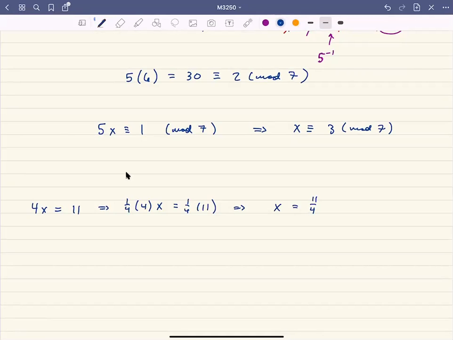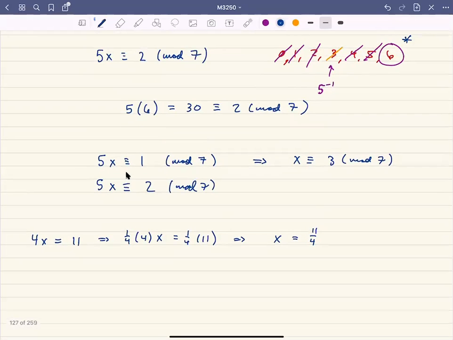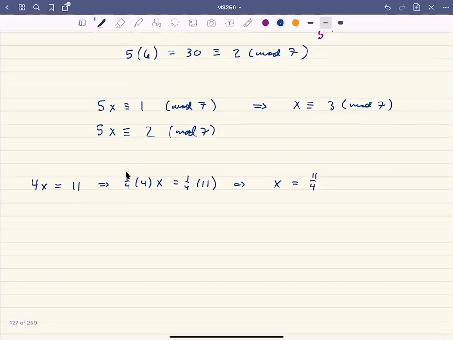So what we can do is take 5x is congruent to 2 mod 7, which is the congruence that we started with, and multiply both sides by 3. We've seen that 3 is special. So we take 3 times 5x is congruent to 3 times 2 mod 7.